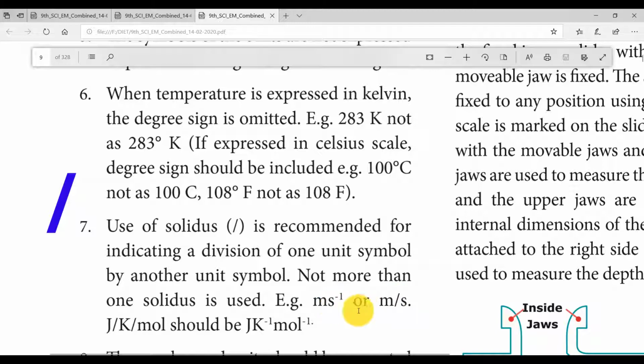While reading it, you have to read it as meter per second. For joule per kelvin per mole, you have to write it as J K power minus 1 mol power minus 1. Here the slash should not be added.